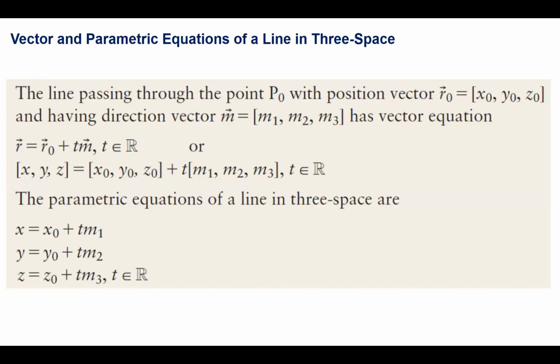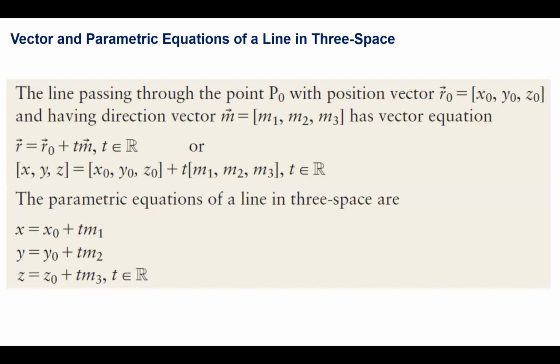Or you can also write it in the form of vector (x, y, z) = vector (x naught, y naught, z naught) + t times vector (m1, m2, m3), where the vector (x, y, z) is the position vector of any point on that line.